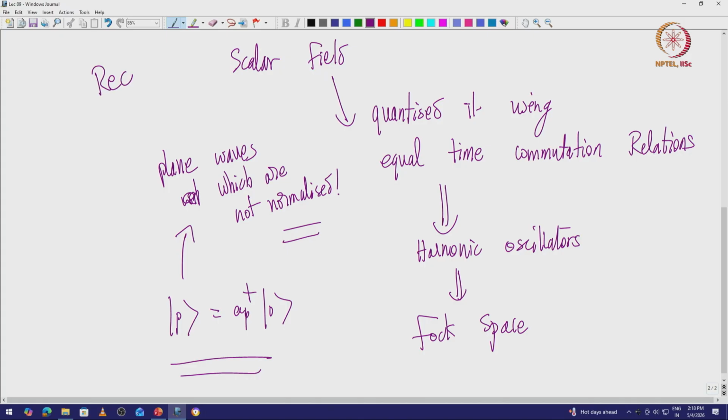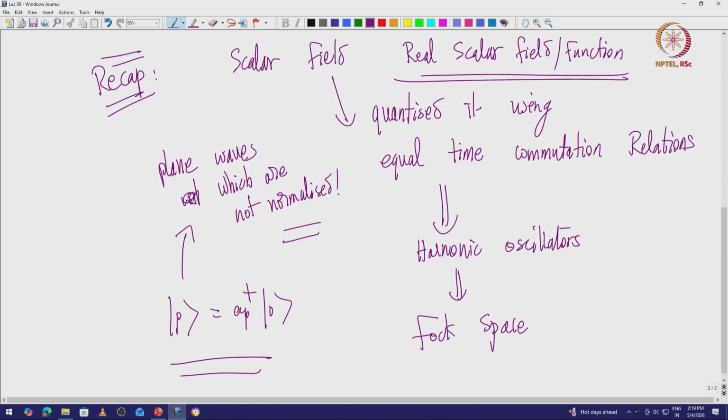So then we went further. Again we started with quantization with equal time commutation. We started initially with a real scalar field, or a function, okay, and then we said that it's not really a function after quantization, it's actually a distribution, because this is actually an operator.